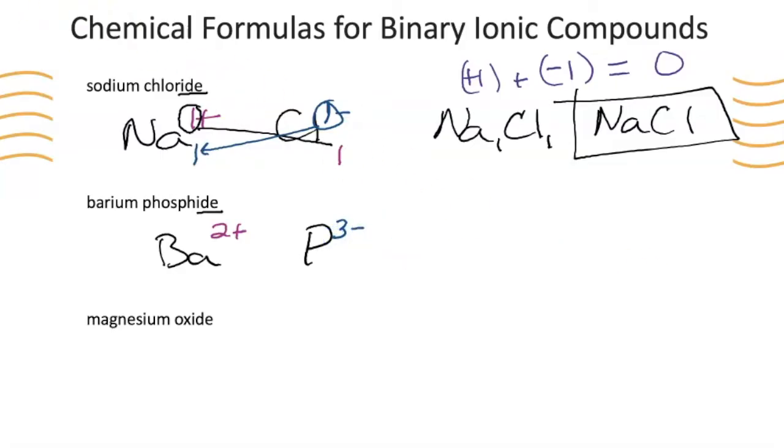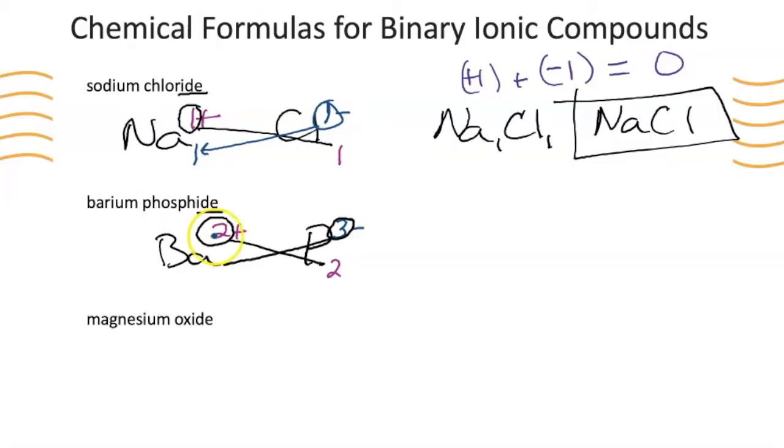So let's do the swap and drop. We're going to take this 2, swap it, and then use it as the subscript for P. And we're going to do the same thing for the 3. Notice I'm taking the number only, swap and drop it.